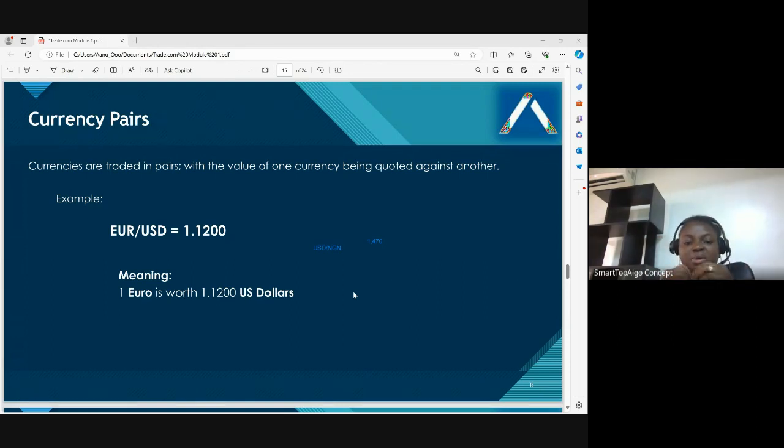So when you see a currency pair, ask yourself which currency comes first. If you are buying, you are buying the first currency. If you are selling, you are selling the first currency. And the second currency is the worth of the first currency. The second currency determines the value at which you are buying the first currency. That's just a summary of what I have said so far.